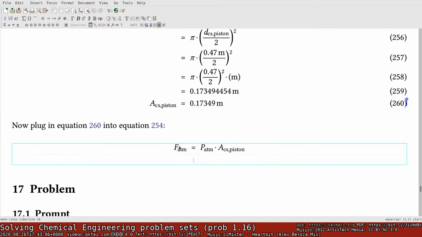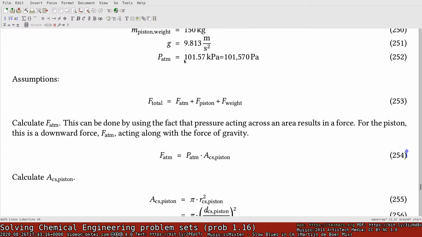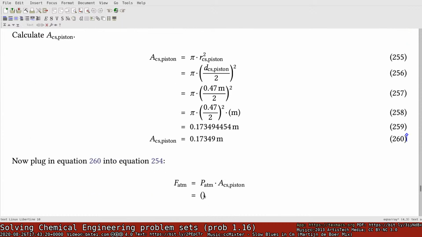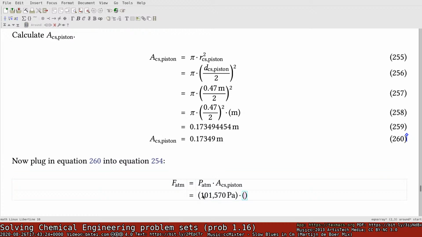Yeah, okay, F_ATM equals P_ATM times A. So we got values for both. Pressure ATM we were given, and I'm just going to use the pascals because I like pascals.